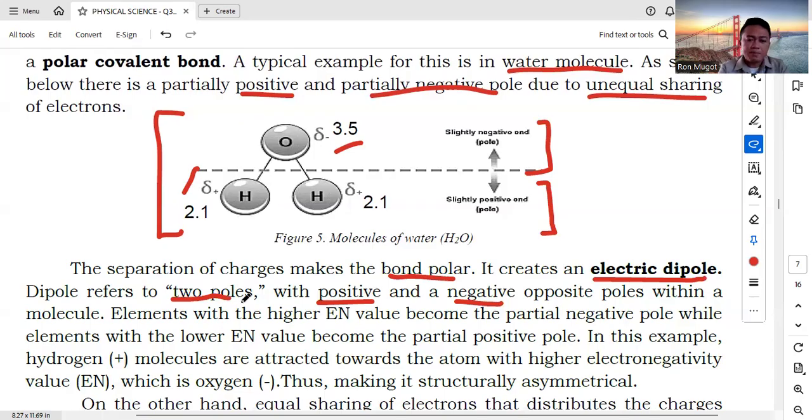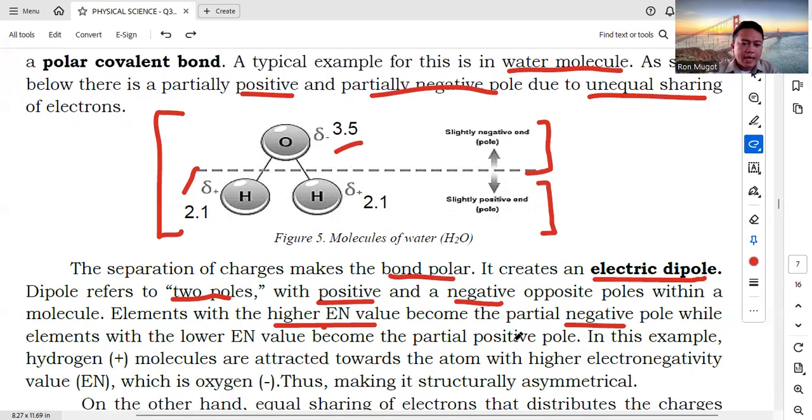And therefore, elements with higher EN values become partially negative, while elements with lower EN values become partially positive poles, right?